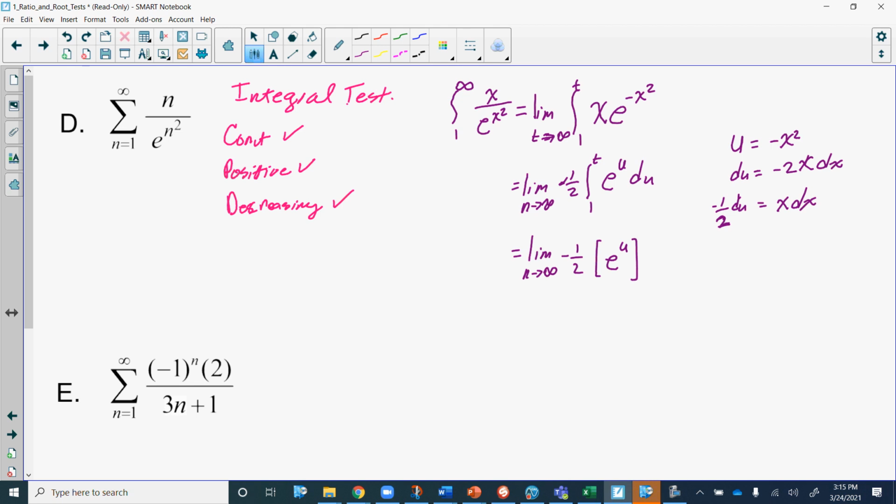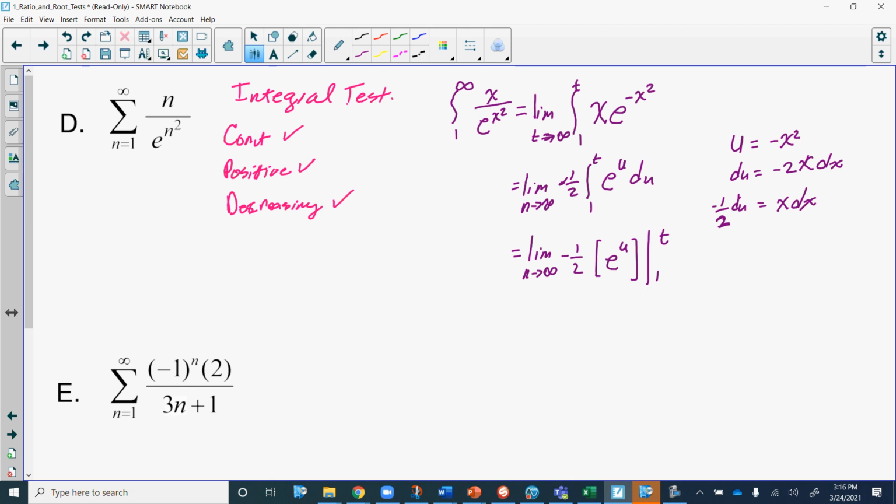And we're going to evaluate it from 1 to t. Do I want to rewrite my integral with u terms instead? No, I think we'll just leave it as 1 to t and not try to come up with a new interval.